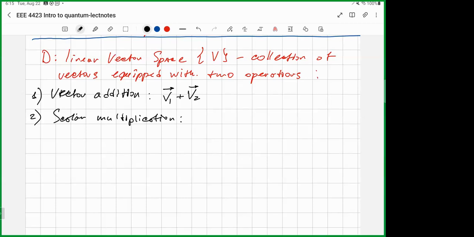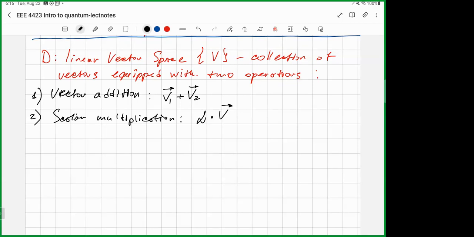So scalar multiplication. Suppose we have a scalar alpha. This operation says that we can multiply a vector from this space by this scalar alpha, and alpha can be either a real or complex number. We will recall complex numbers and complex functions next week.